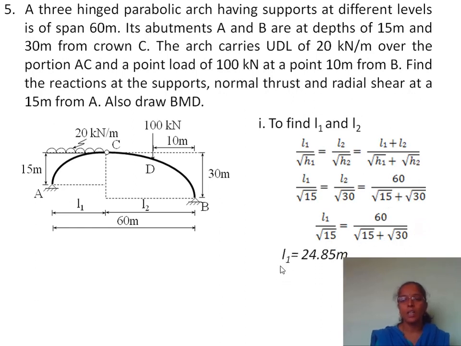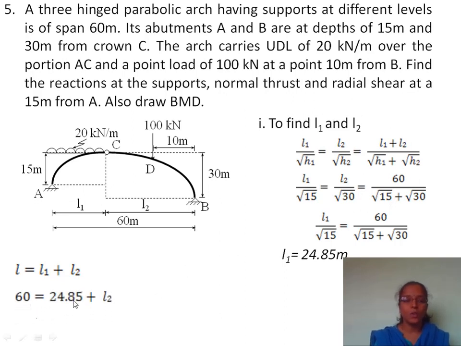That gives a value of L1 as 24.85 meter. Either we can use L equal to L1 plus L2 to find the value of L2, or we can equate the second and the third term in this equation. Let us use this one.